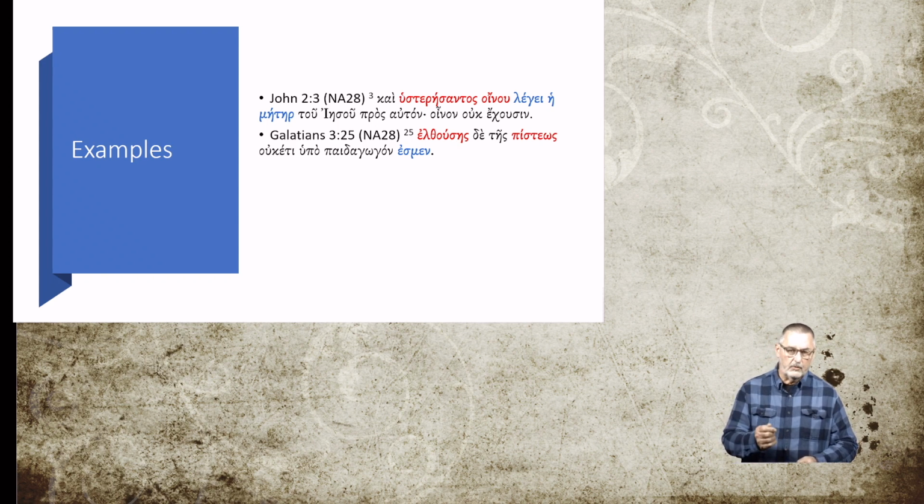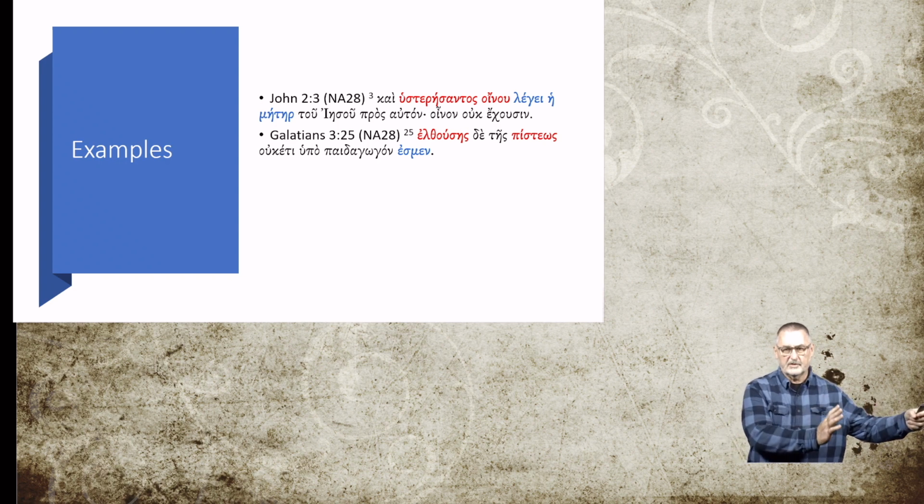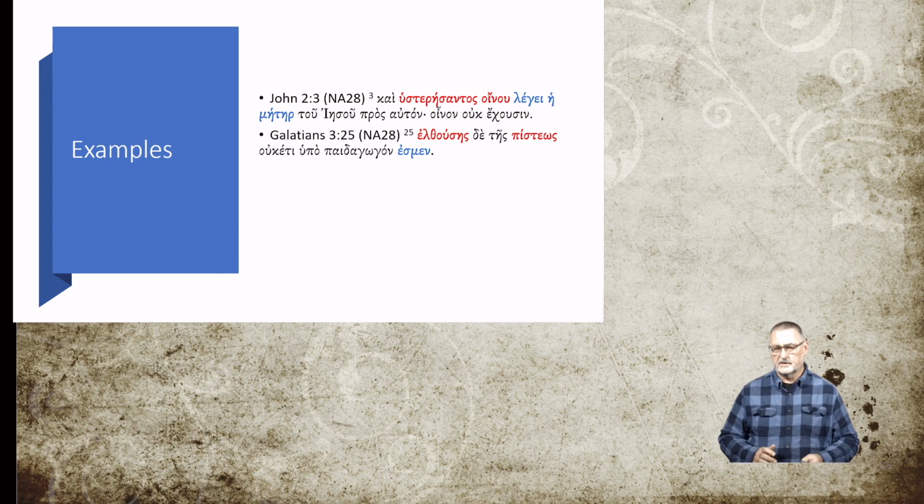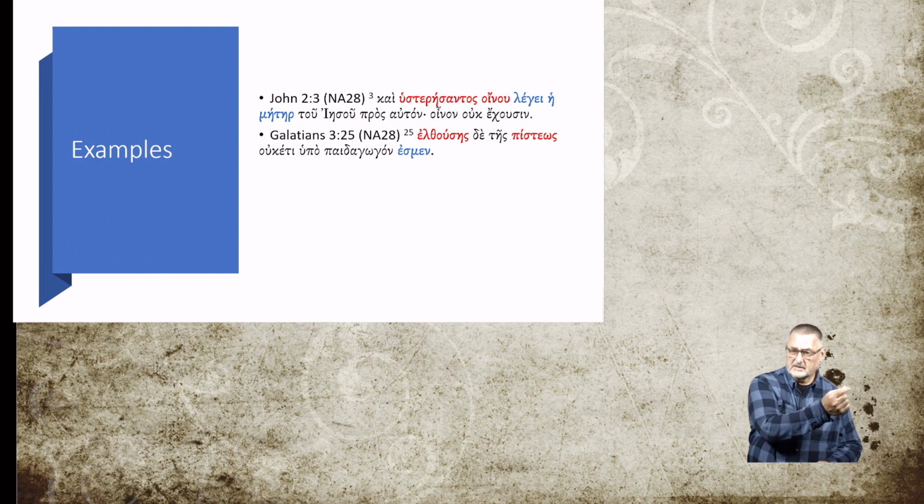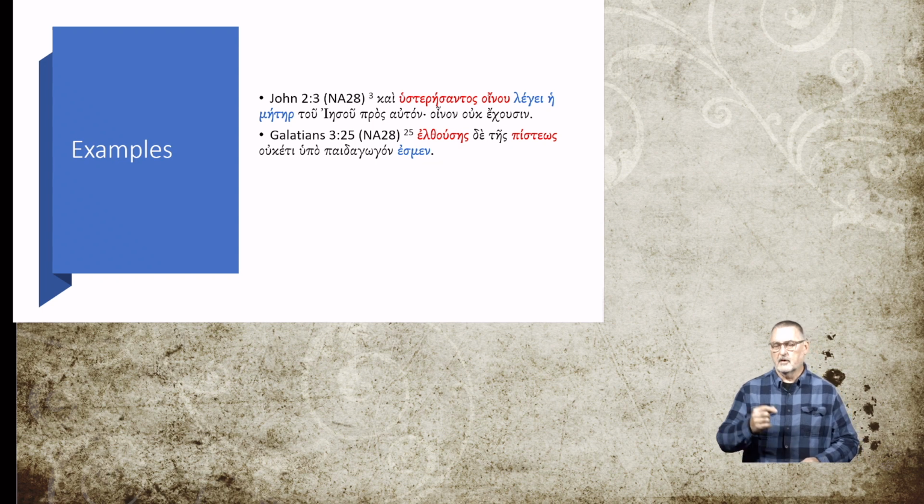Now notice when you've got a genitive absolute construction, it is apart, it is absolute from the main clause of the sentence. Necessarily you have a change of subject. In John 2, wine is the subject of is lacking, but the subject of the main clause is the mother, and she is saying.